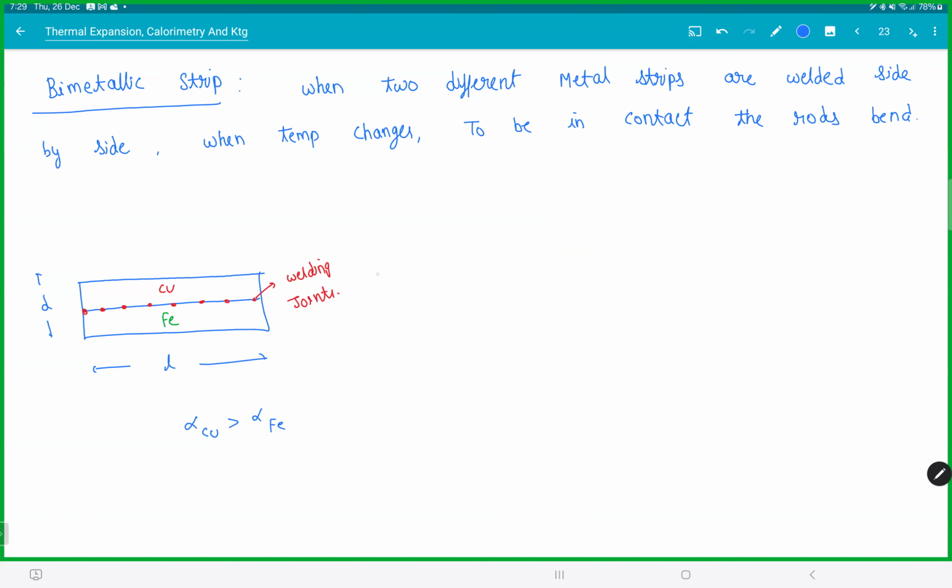What is the possibility? If temperature increases, copper must expand more than iron. There's only one possibility. You can stay together, even with different lengths, if you become a circle. The inner one will expand less and the outer one will expand more. So this is how it will look.